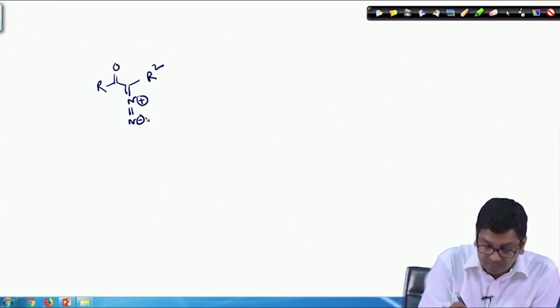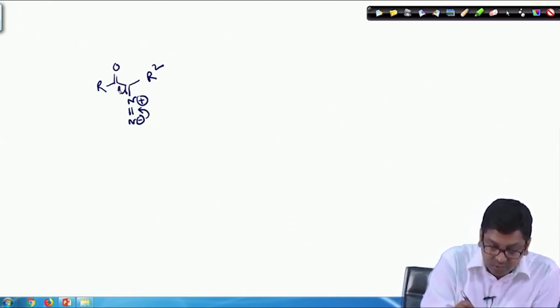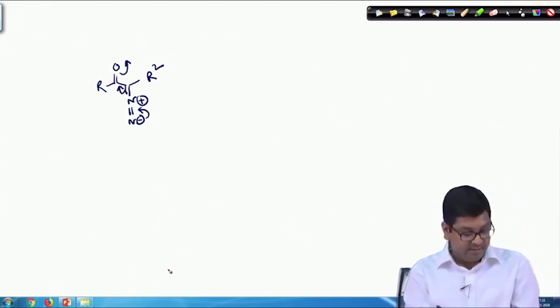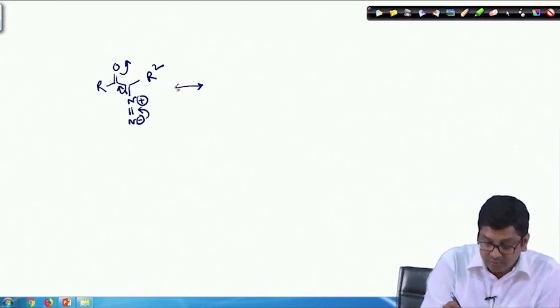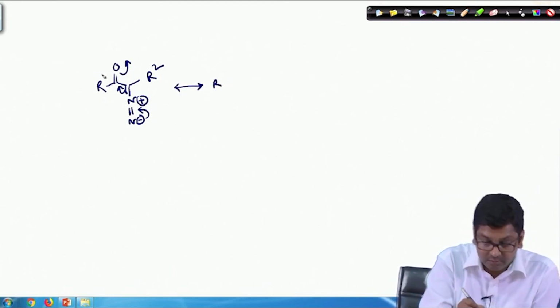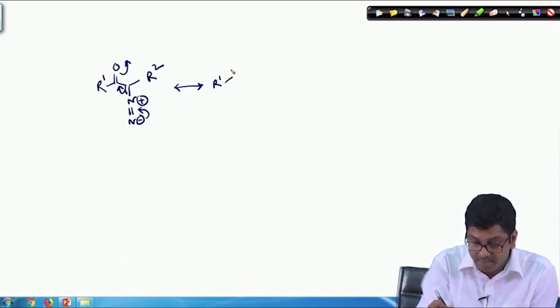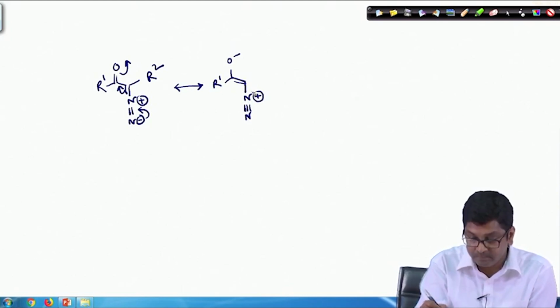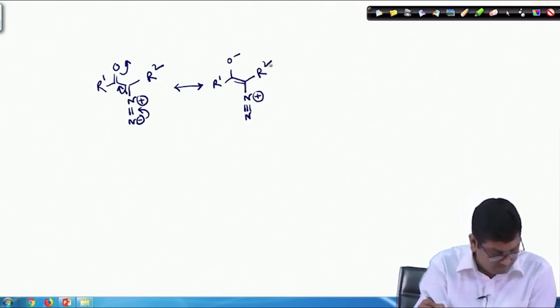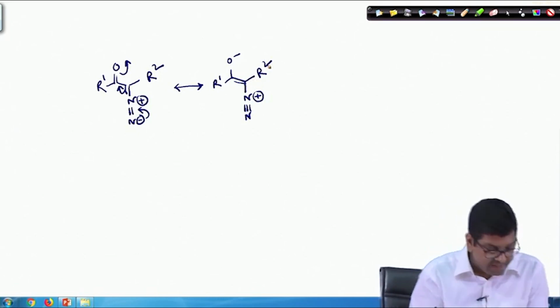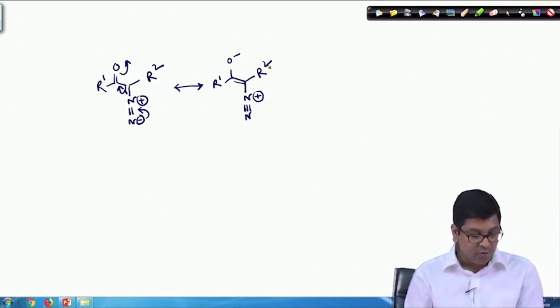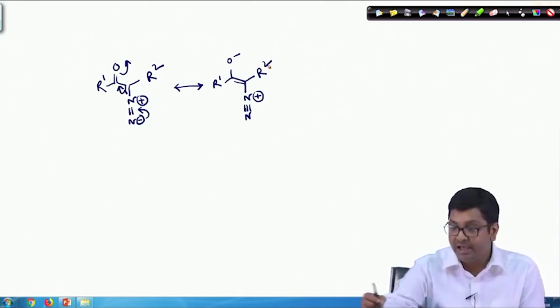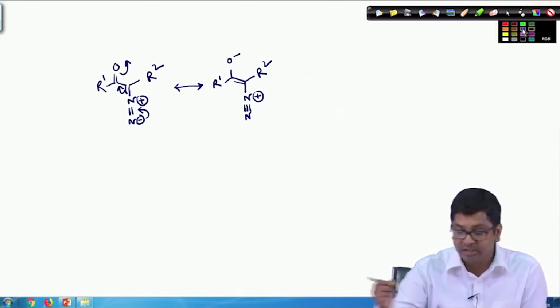Now, this could be in resonance like this. So, okay. So, here the electron withdrawing carbonyl groups stabilize the diazo dipole. So, what stabilizes this diazo dipole?